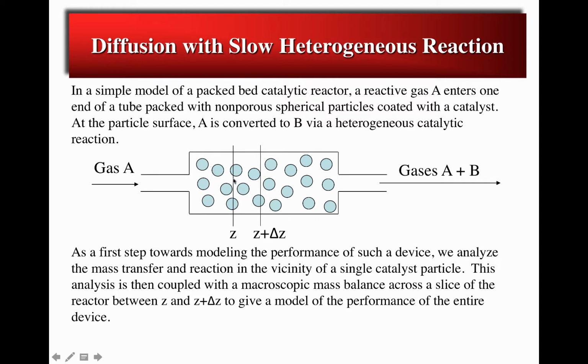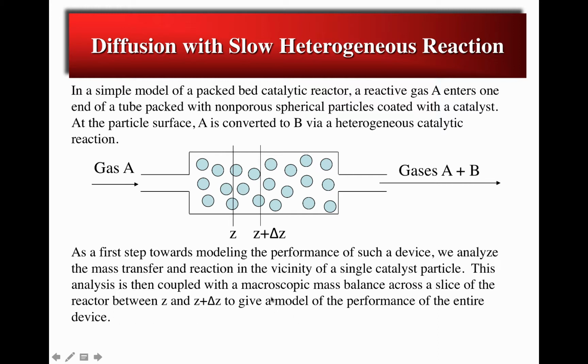And at the particle surface, A is converted to, for example, B via heterogeneous catalytic reaction. As a first step towards modeling this, we analyze the mass transfer and reaction in the vicinity of one of these catalyst particles, and then we couple that to a macroscopic mass balance across a slice of the reactor between Z and Z plus delta Z to give a model of the performance of the whole device.